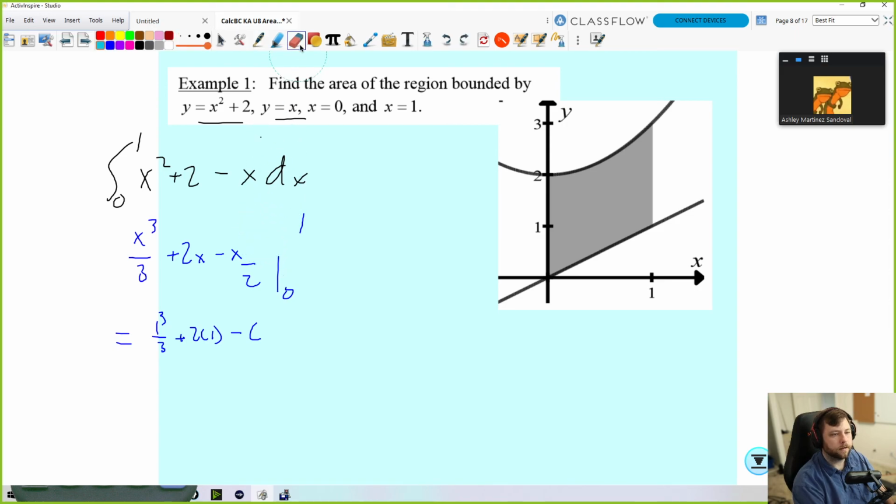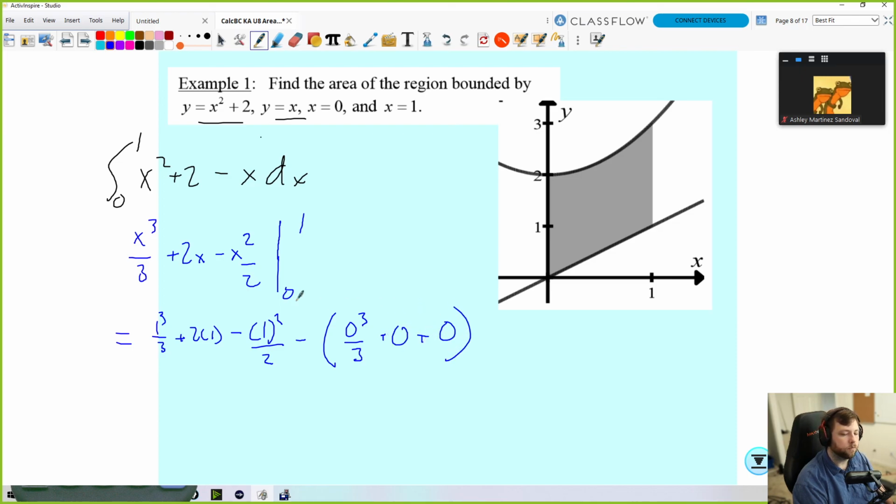Oh my God, that's an awful 2. I thought that was a 3 as well. I gotta practice. I'm bad at writing. Minus, calm down, 0 cubed over 3 plus 0 plus 0. Why am I even writing that out?